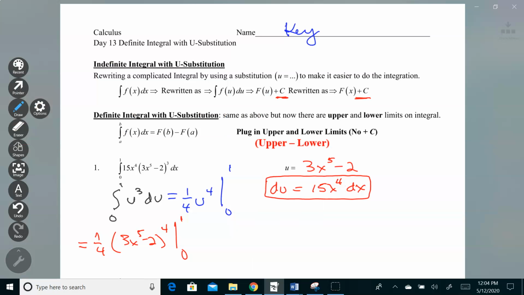I got rid of the u and put it back in here. So when I do this, I have to plug in my upper and my lower. Okay, so I plugged in my upper and my lower of 1 and 0, and now I need to evaluate.